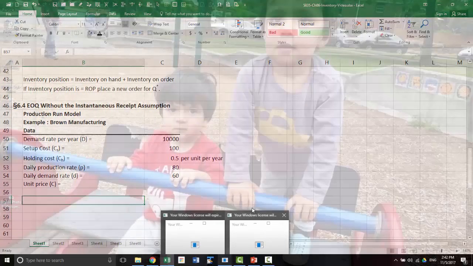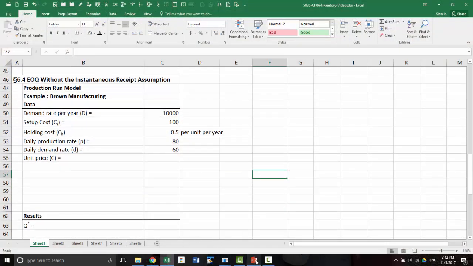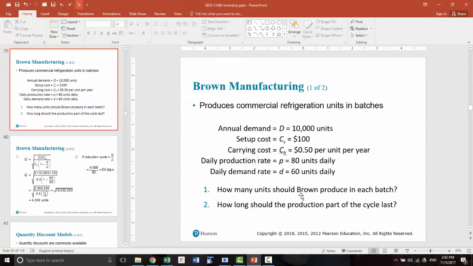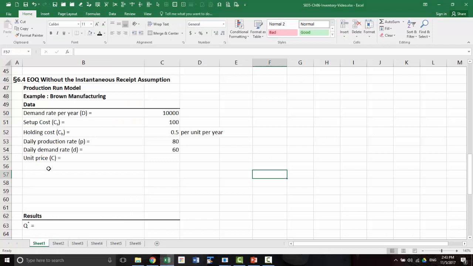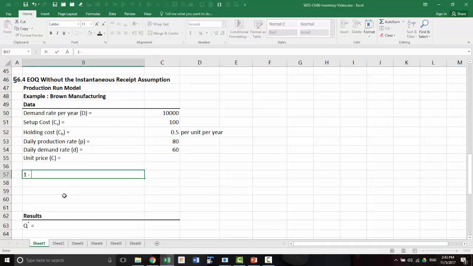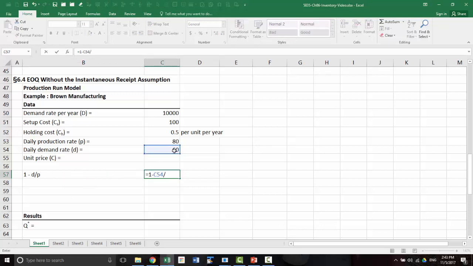Okay, so the formula here is okay. So let's set this up, 1 minus d over p.